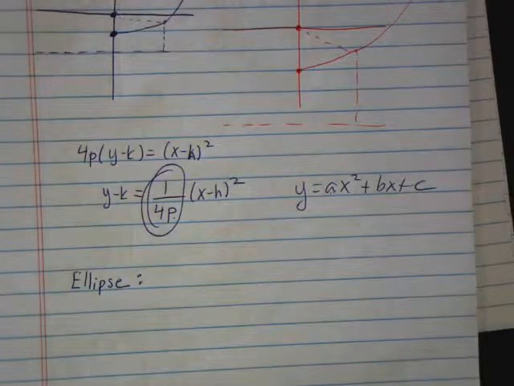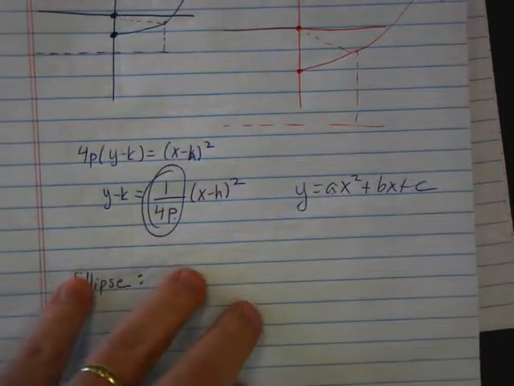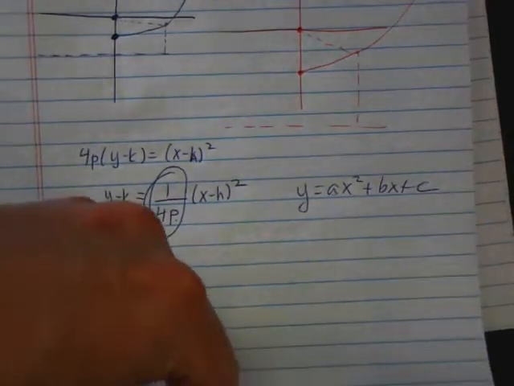Okay, so here's how you make an ellipse. You take a string, or in this case a TI wire, and you create 2 focal points. So where I'm putting the tape, those are the focal points.